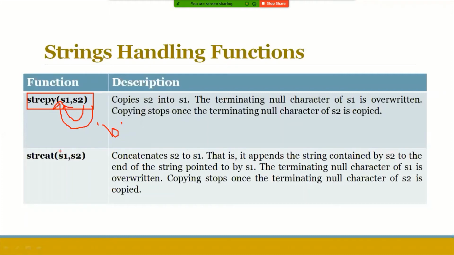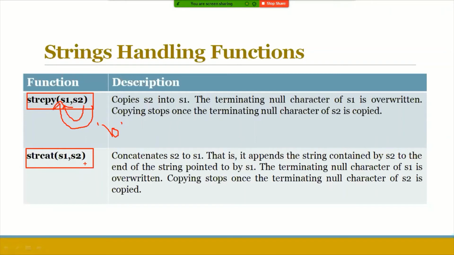That is about strcpy. Then coming to the second one, strcat, which is used to append the second string at the end of the first string. Cat means concatenation. It is also called a string appending operation. We can append the second string at the end of the first string.